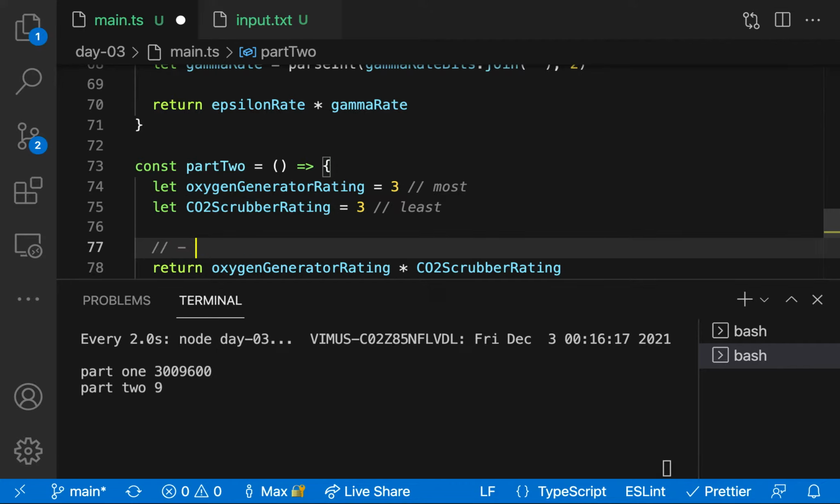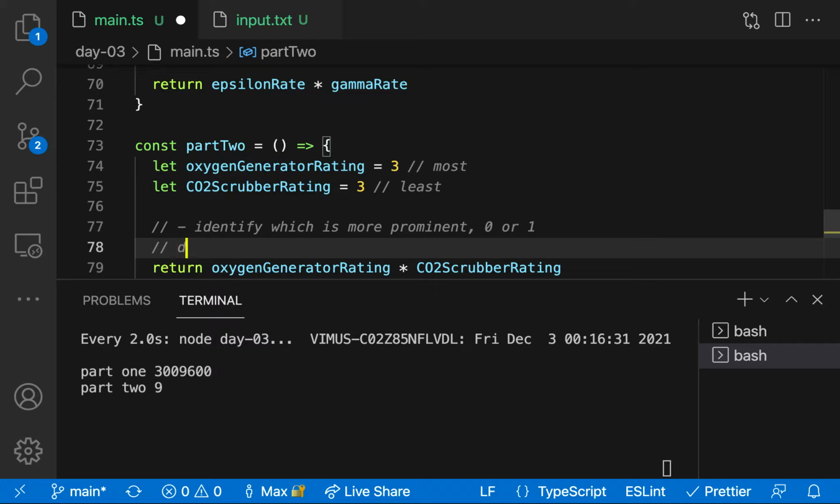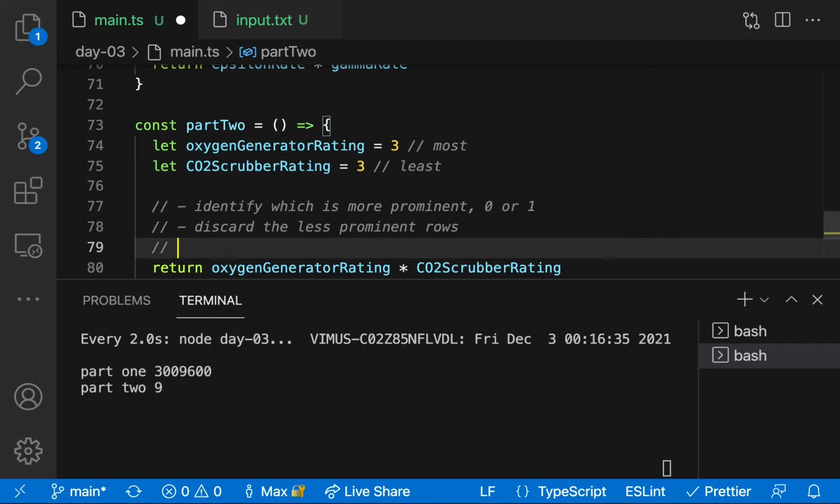So the steps are: identify which is more prominent, 0 or 1. Discard the less prominent rows.